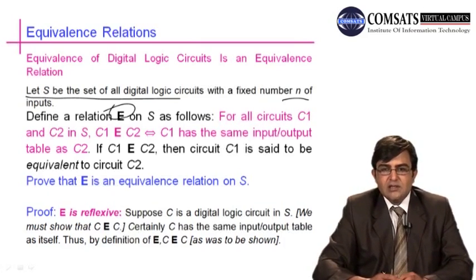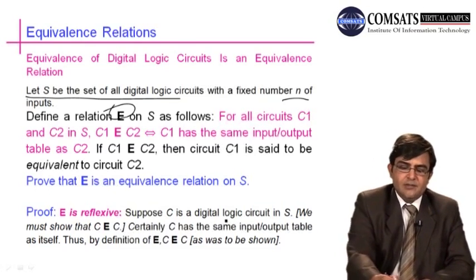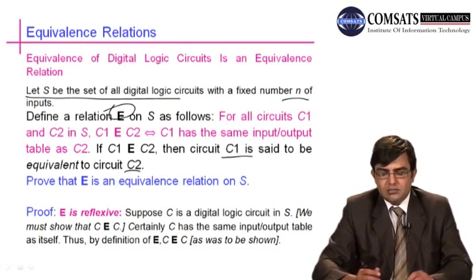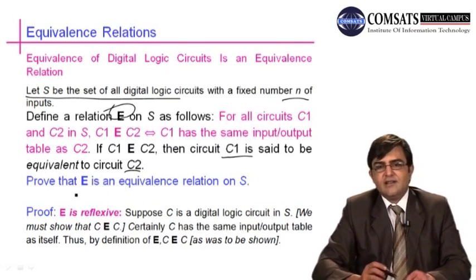This is how we relate digital logic circuits. Then C1 is said to be equivalent to the circuit C2. Prove that E is an equivalence relation.